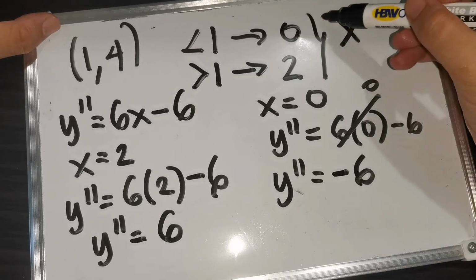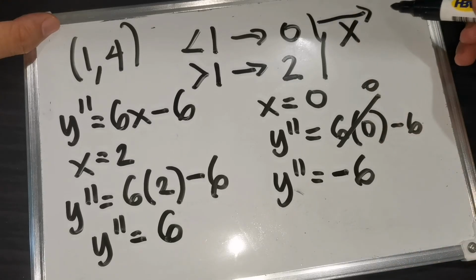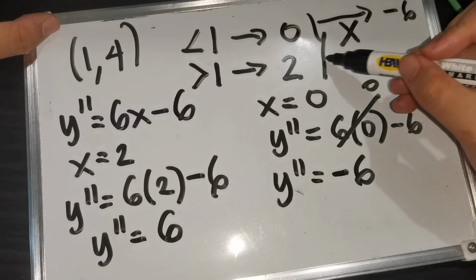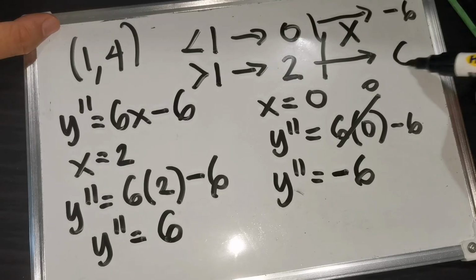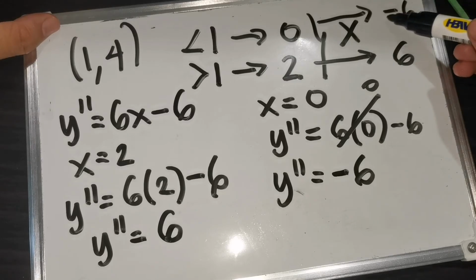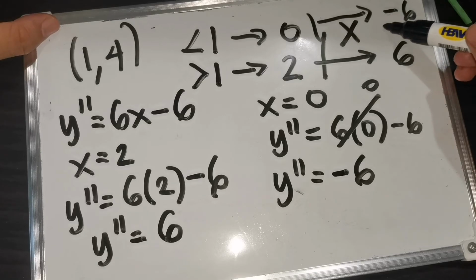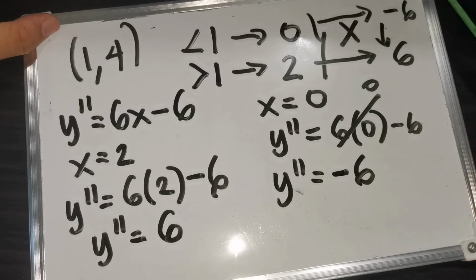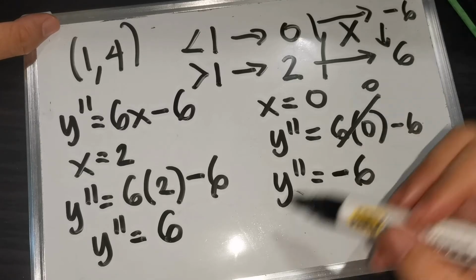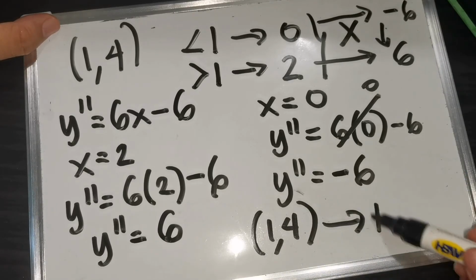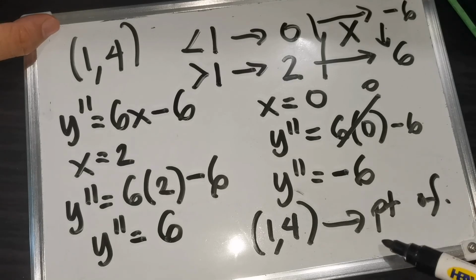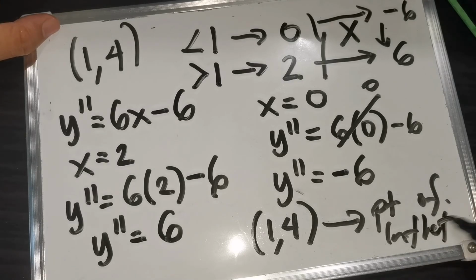So meaning to say, your 0 provides you a value of negative 6 and your positive 2 provides you a value of positive 6. So it changes from a negative value to a positive value with the same absolute value. So meaning to say, your 1 and 4 is your point of inflection of the given curve.